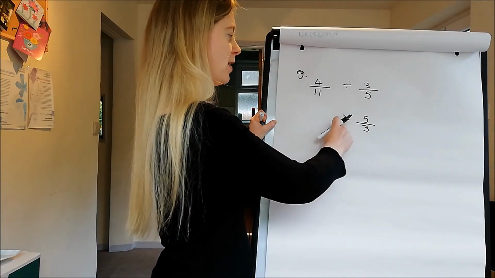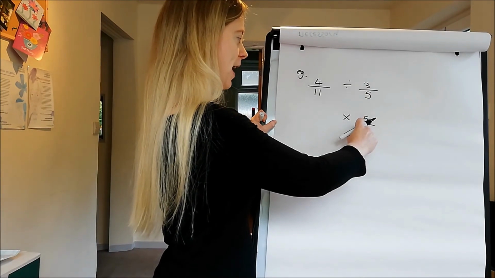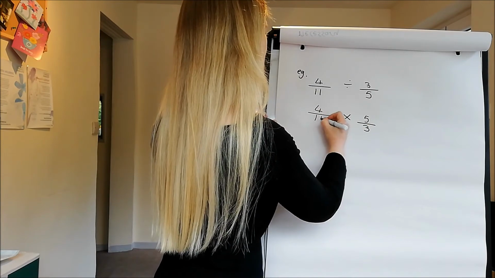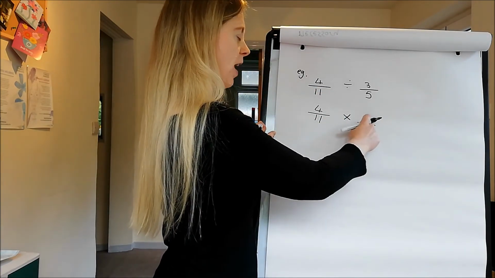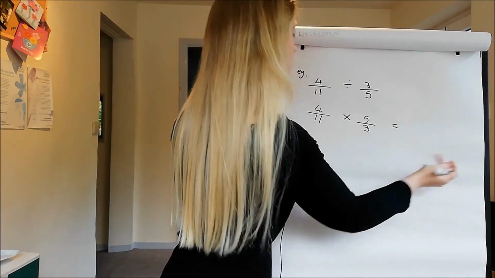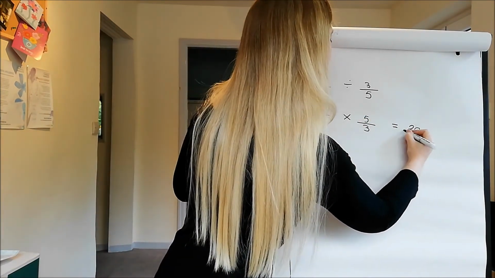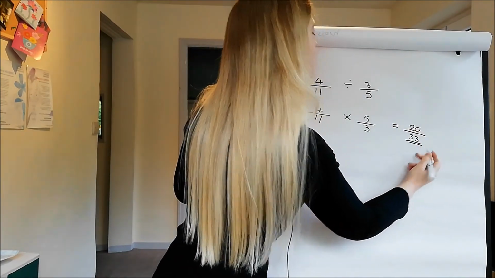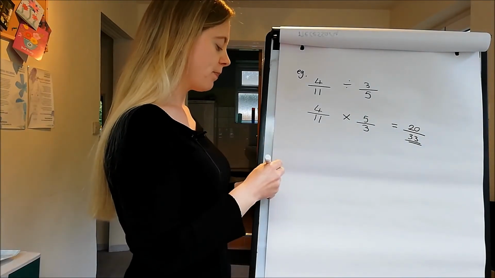So I've changed my divide sign into a times sign, I've flipped my second fraction upside down, and now the first bit is just going to stay the same, so nothing changes there. And at that point, I've just got to multiply, which is what we've just done. So 4 5s are 20. 11 3s are 33. And so the answer to that is 20/33.